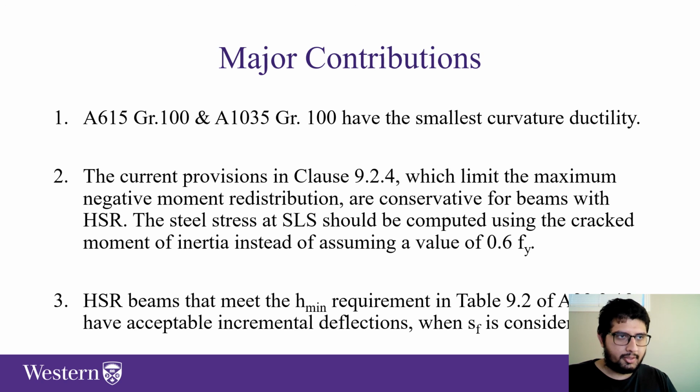From chapter 4, we can conclude that the high strength reinforcements that meet the minimum beam height correction factor in table 9.2.4 of A23.3 have acceptable incremental deflections when the minimum beam height correction factor is considered.